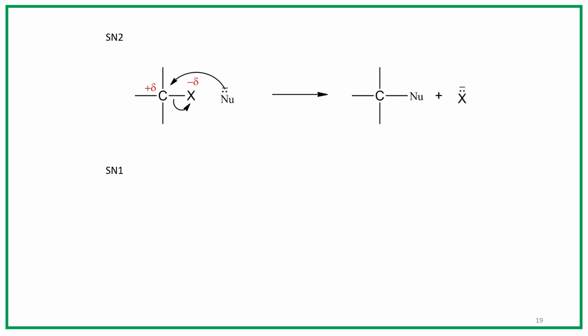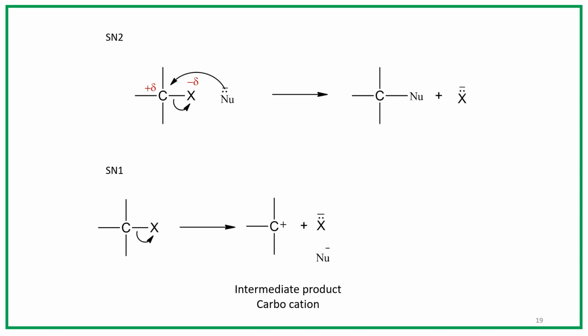And the next one is SN1, which means substitution of nucleophile 1. Why is this 1? Because the alkyl halide itself can make X leave as an X minus ion, forming an intermediate product we call a carbocation. This carbocation now has a positive charge, then the nucleophile can attach to this positive ion and substitute in at that point.